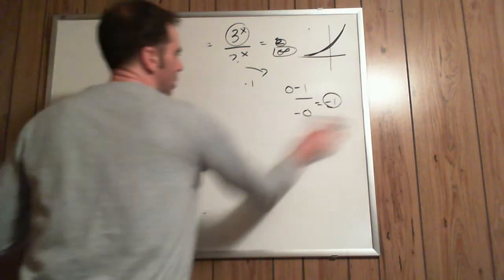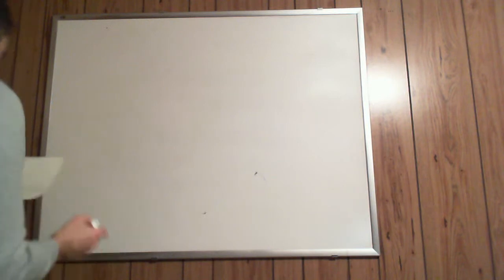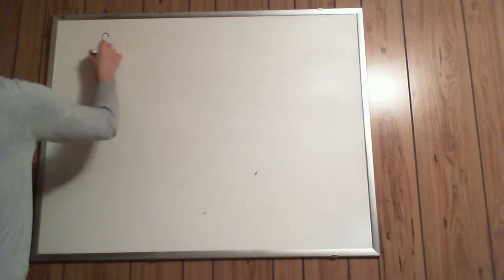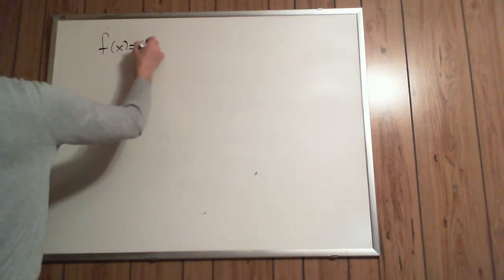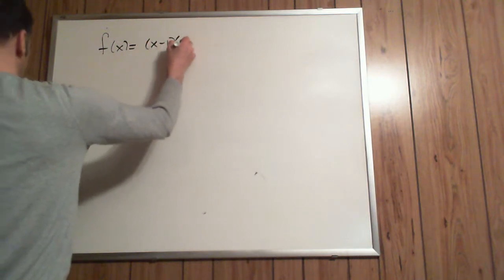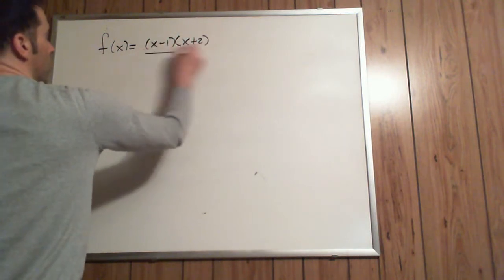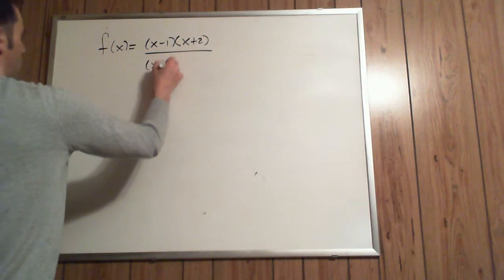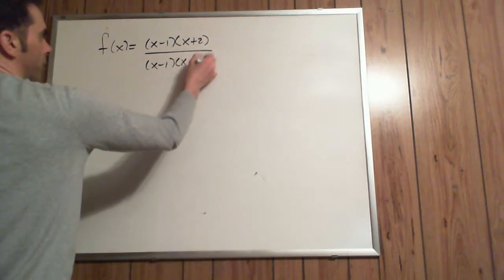Okay, next. So on that matter, let's find some horizontal and vertical asymptotes. Suppose we have f of x equals (x minus 1)(x plus 2) all over (x minus 1)(x plus 3).